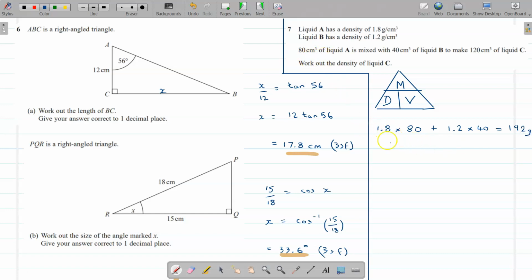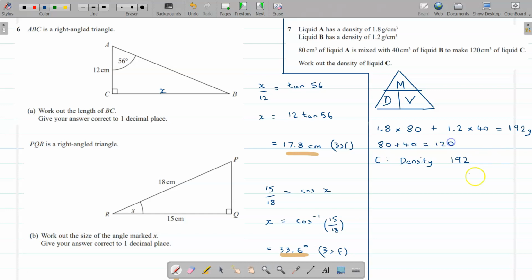The total volume is just going to be 80 plus 40. So the density of liquid C is going to be 192 divided by, I'll just put it here, the volume, which is 80 plus 40, equals 120.